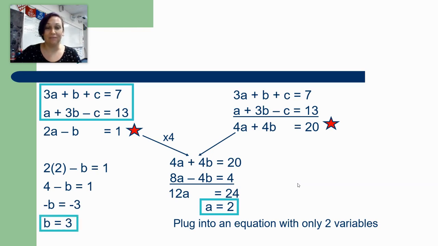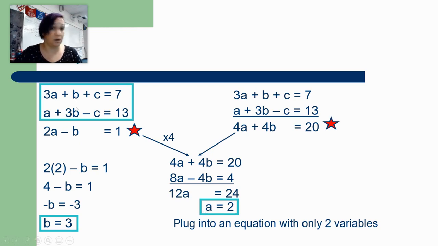At this point in time, I now have 2 of my answers. But don't forget, we need 3 answers on these problems. Once you have 2 of your answers, now you can use one of your equations that had all 3 letters in it. And you definitely have to because the only letter we're missing is a letter C. And so we definitely want to choose an equation that actually has a letter C in it. You can choose from either of these 2 equations.